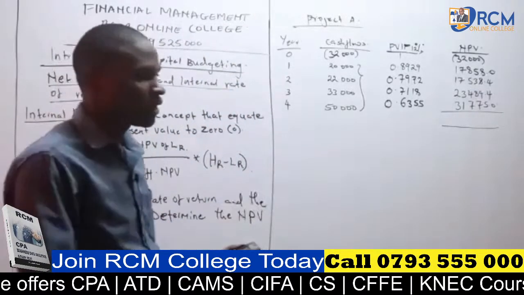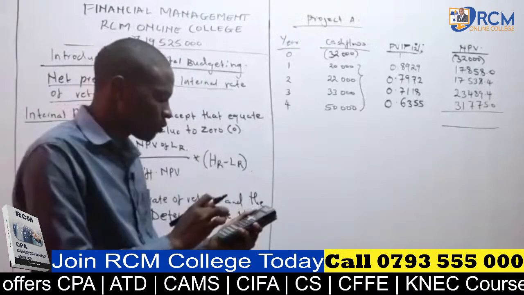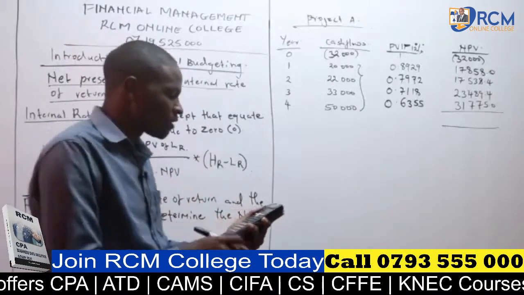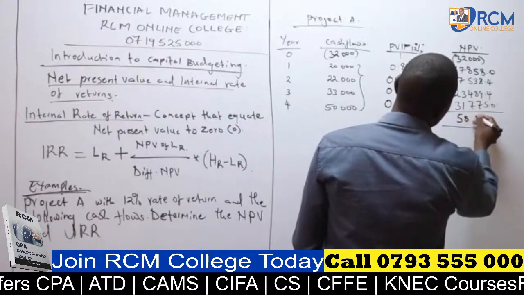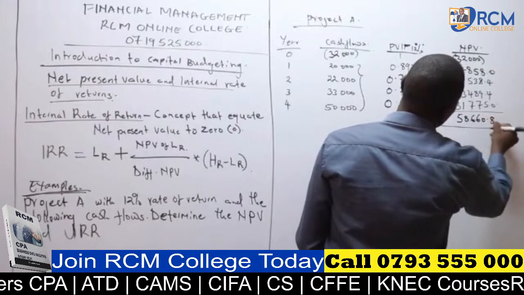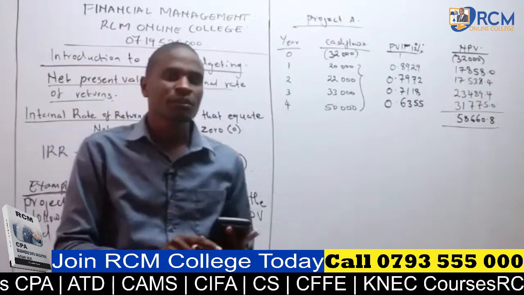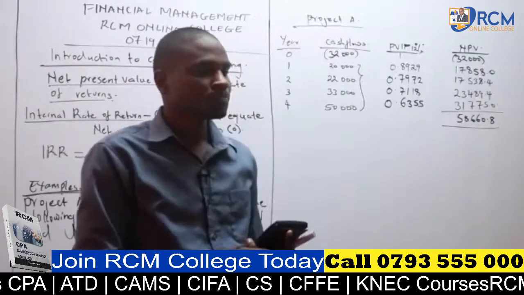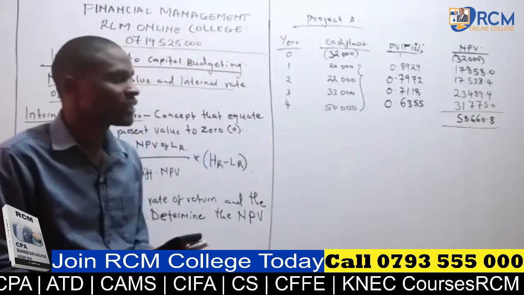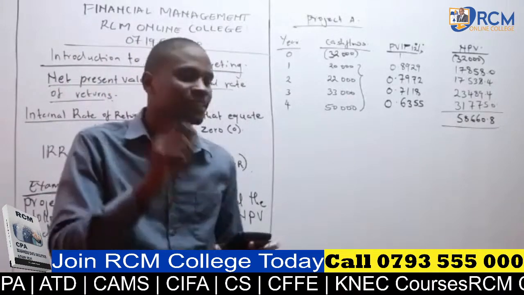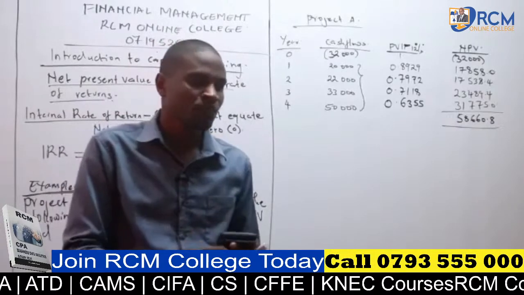I think you can confirm for me with your phone. Then I subtract the initial outlay, which was 32,000, giving 58,660.8. That is my net present value. Please note this clearly, that our NPV for this project is 58,660.8.